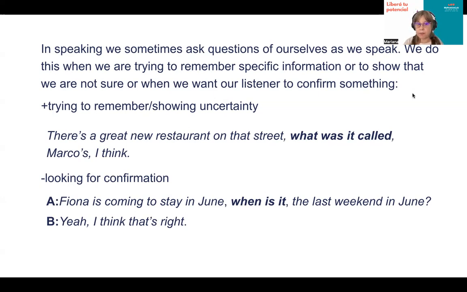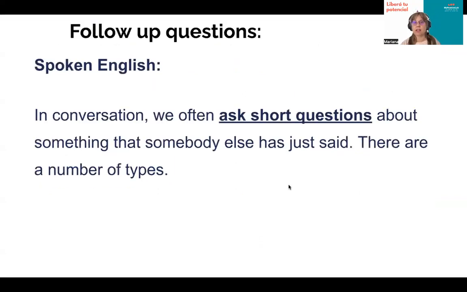Or you're looking for confirmation. For example, "Fiona is coming to stay in June. When is it? The last weekend in June? Yeah, I think that's right." So this is like an embedded question, something that we use within what we are saying, also trying to confirm or clarify.